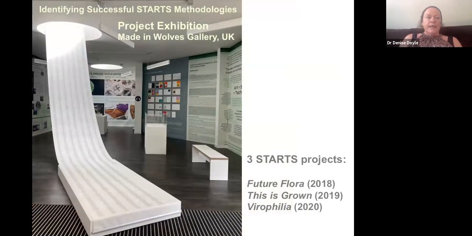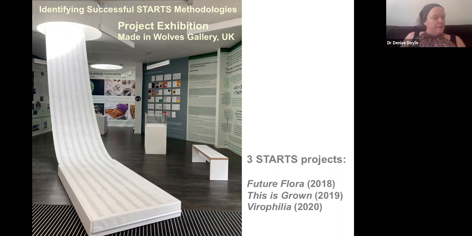So we did want to include a project from the 2020 prize, and we were keen to host the work of Taiwanese artist Pei Ying Lin, given the significance of her project Virophilia, given that at that time COVID-19 was having a huge impact when we were trying to decide what projects to select, and this was in May, June of last year.